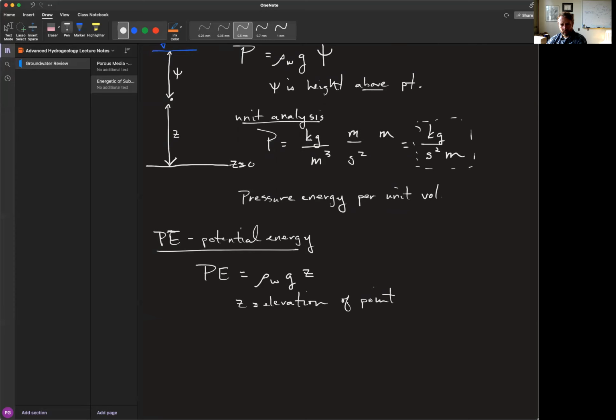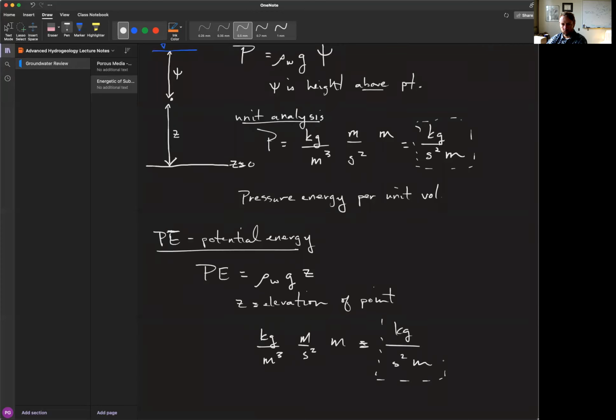Well, we can do the same unit analysis. We're going to get the same thing. We're going to get kilograms per meter cubed, meters per second squared, times meters. And we're going to get the same unit, kilograms per second squared meter.